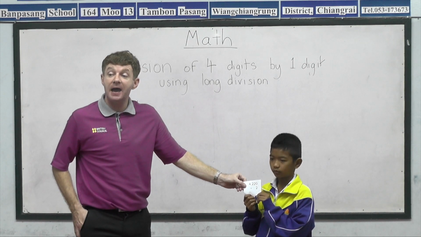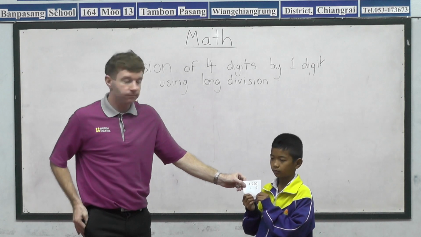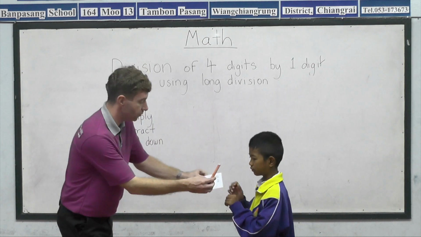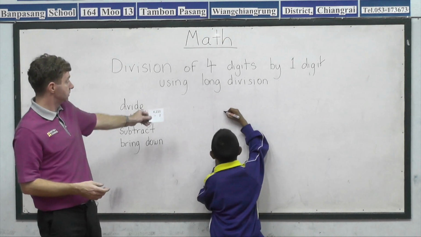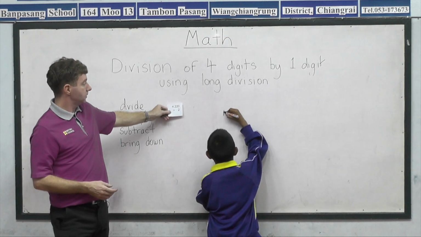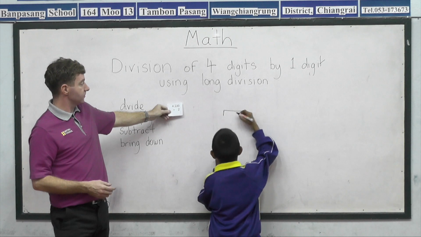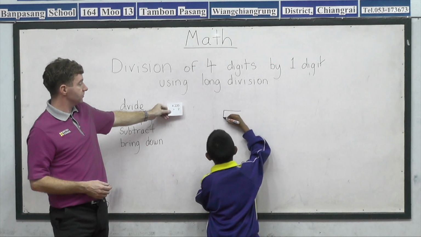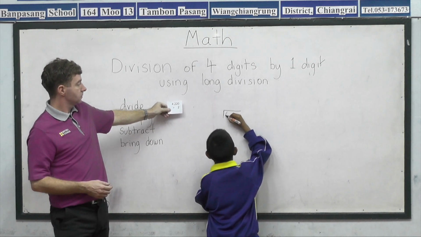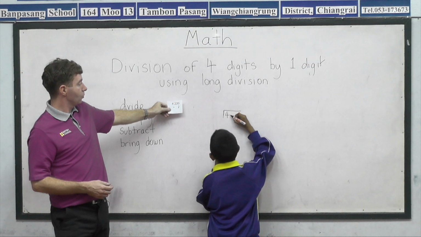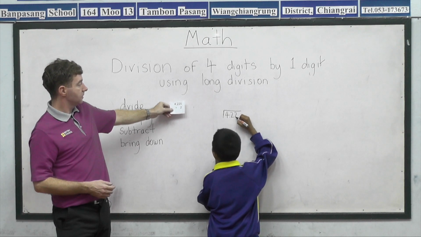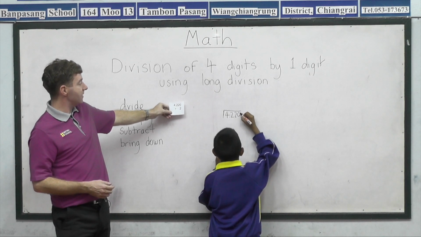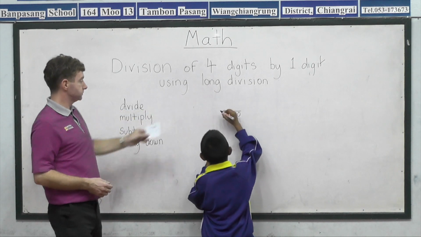4,220 divided by 2. Okay, so I will hold that for you, Pat. First thing we need to do is our division table. Excellent. So 4,220 divided by 2.